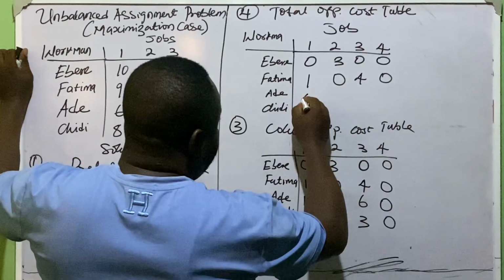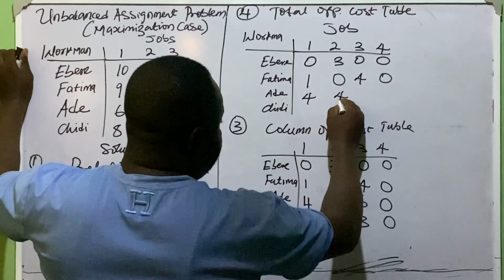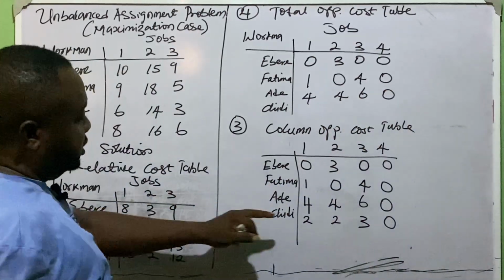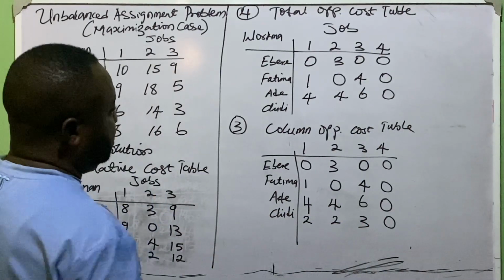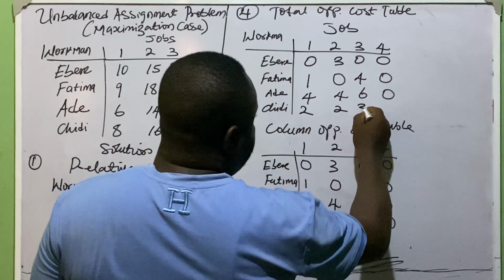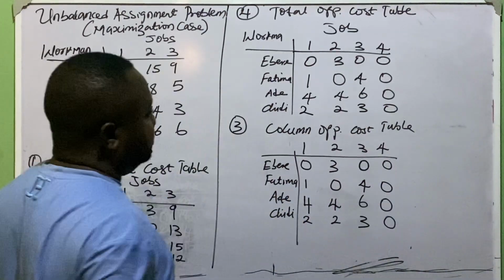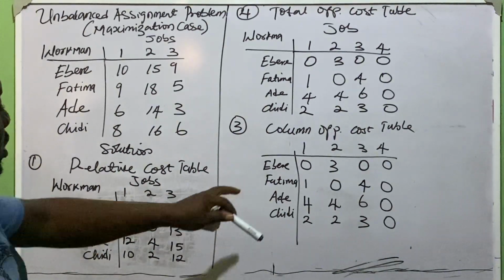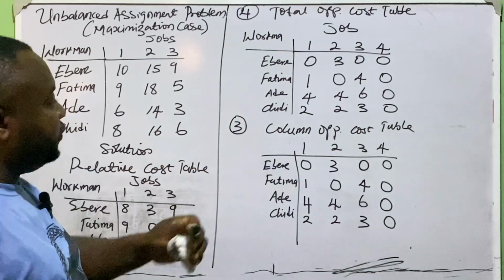So we have 4, 4, 6, and 0. Then there is 0 in the Chidi row. So we have 2, 2, 3, and 0. Alright, so having done this, we're done with this now. We can clean this off.